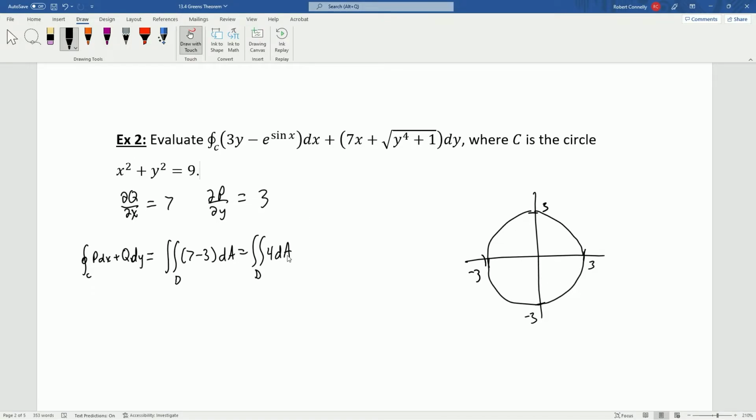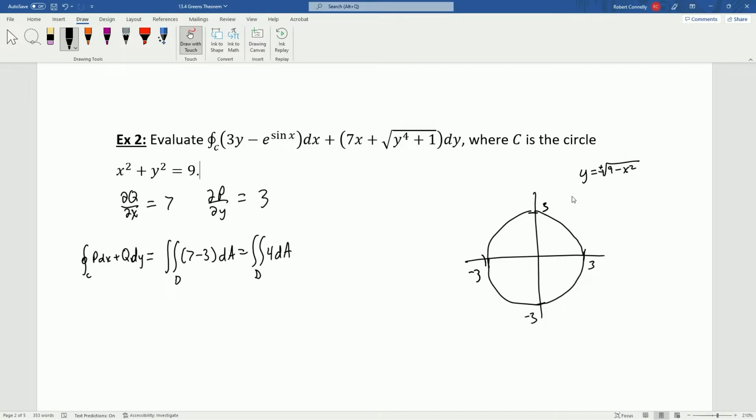Okay, so this seems pretty simple, but I do want to point out that in order to do this integral, we would need to write y as plus or minus the square root of 9 minus x squared, and we would have to split our bounds on our inner integral over these two functions.